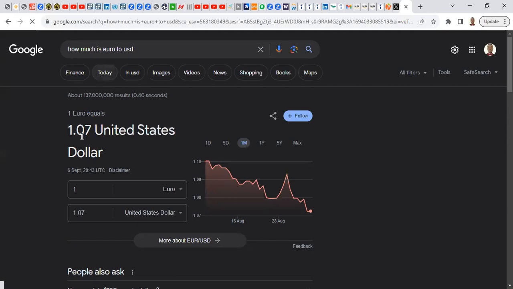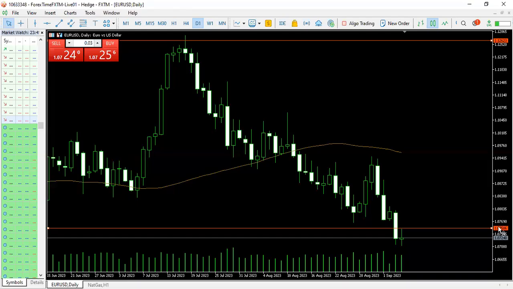Can we see the screen? Yes. And if I go back to the chart, you can see this is the current price, 1.07. Did we see that? So everything you see on this line shows the different prices of the instrument you are trading per time. So that's the meaning of all these things.